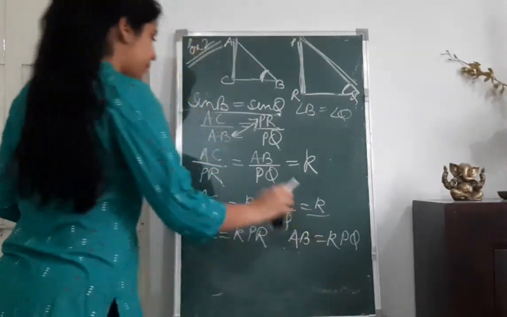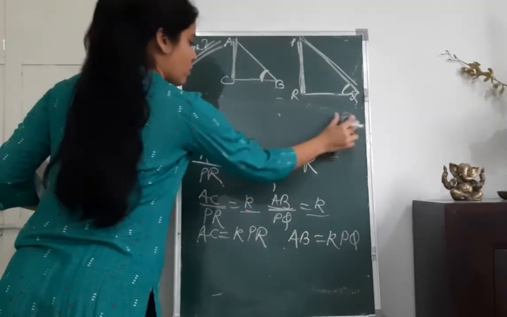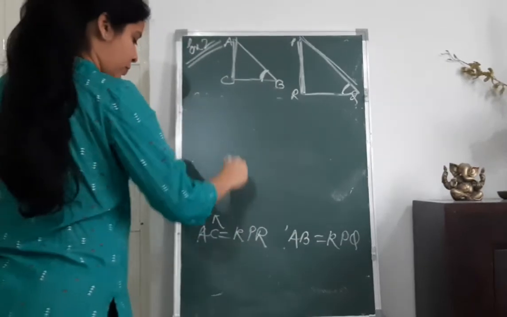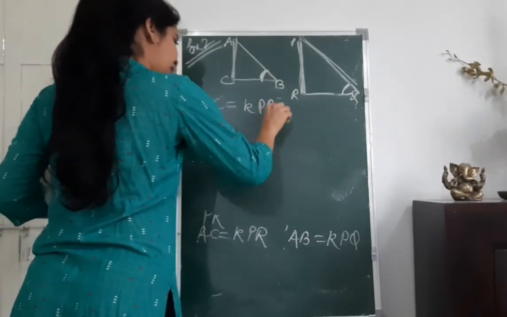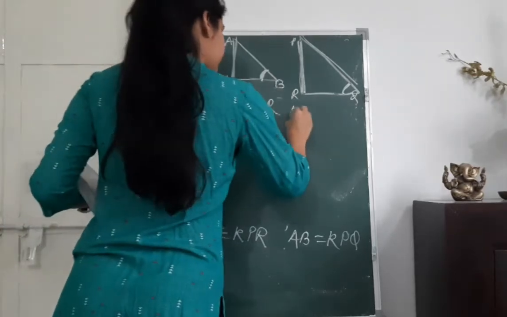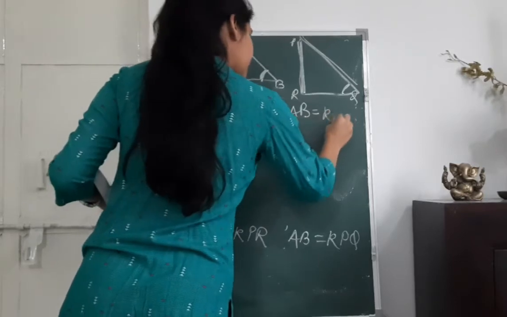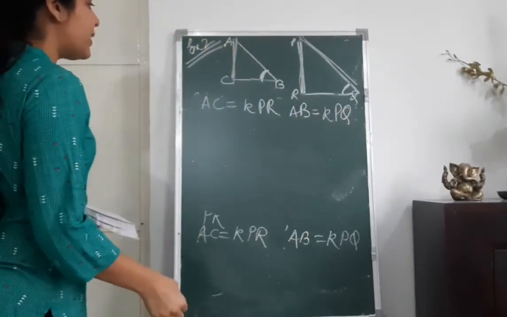I can write this. AC is equal to K times PR and AB is equal to K times PQ, right?